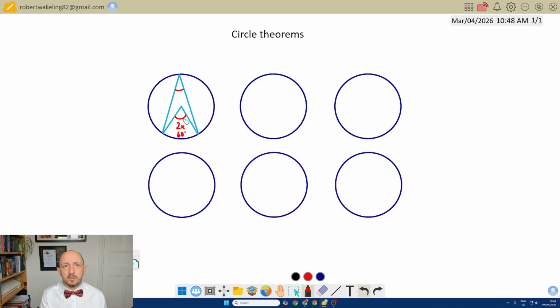When you do this in the exam, you could actually measure this angle. It won't be 60, but it'll be close. It might be 55 or 65 or something like that. And if you measure this one, you will see that it'll be exactly half, because even though it's not to scale, it's still a circle, so it still obeys all of these rules. So bear that in mind. You can measure them and help you to see exactly what's going on.